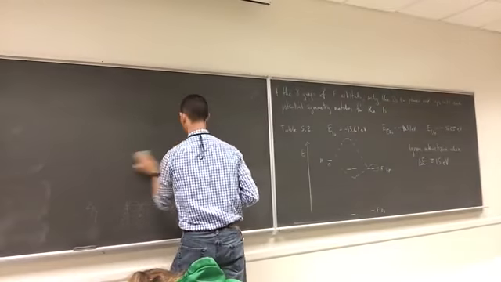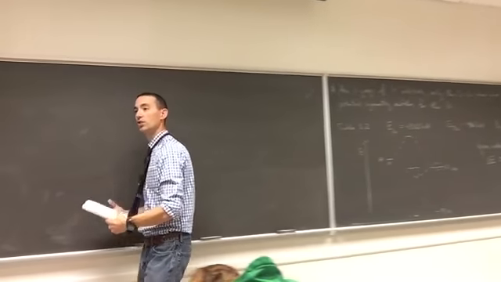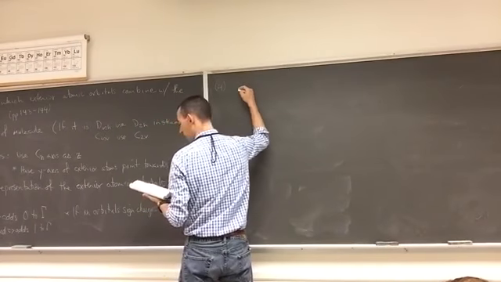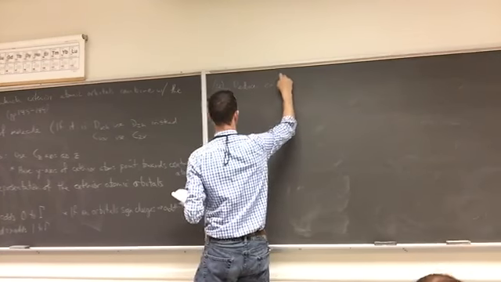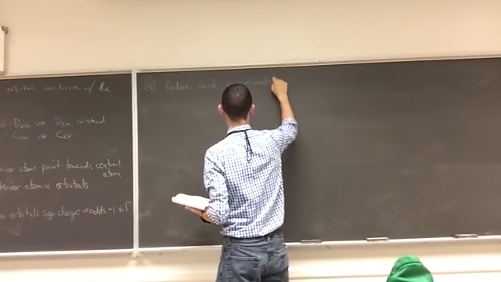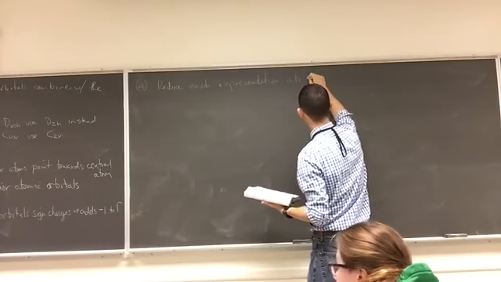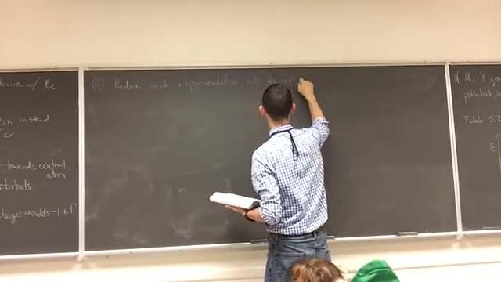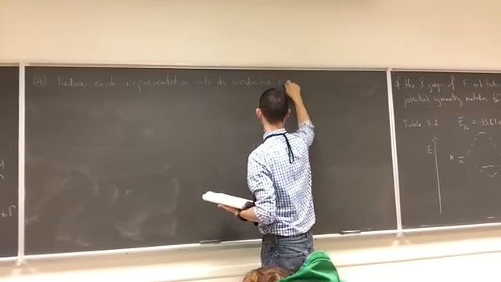So once you develop a reducible representation, guess what you do next? You reduce it, because it is reducible. So step 4 is to reduce each representation into its irreducible representations.